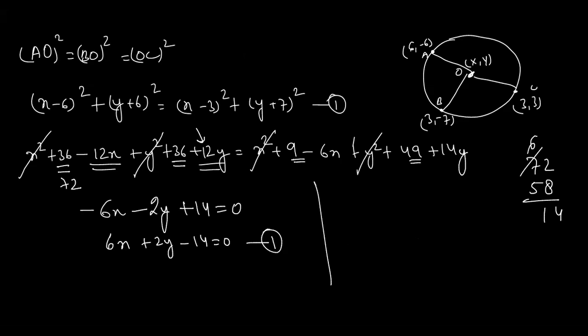This one will be 3 plus 6 divided by 2. So you can write here. But the problem is that we don't have the distance actually.